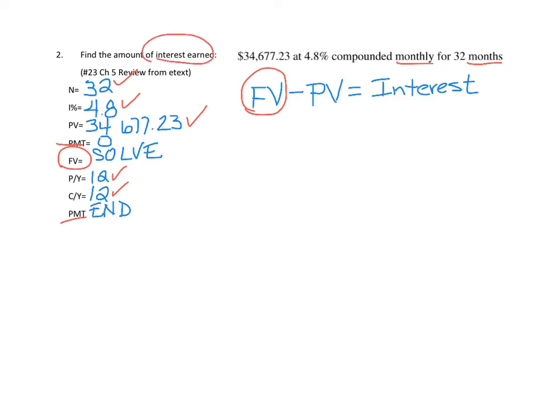So entering this information into the calculator, N is 32, interest is 4.8, present value is 34,677.23, 0 for the payments, 12 times a year for payments and for compounding, and solve for the future value.